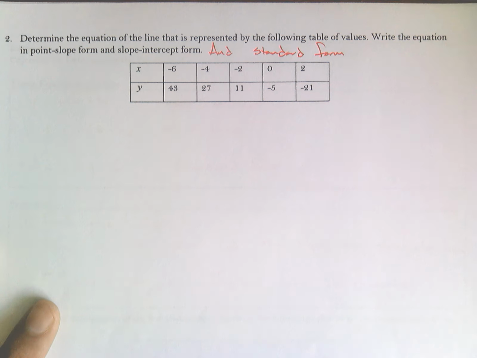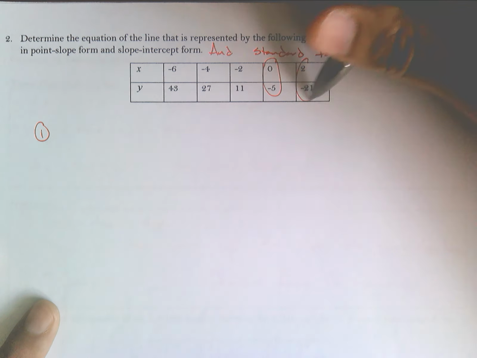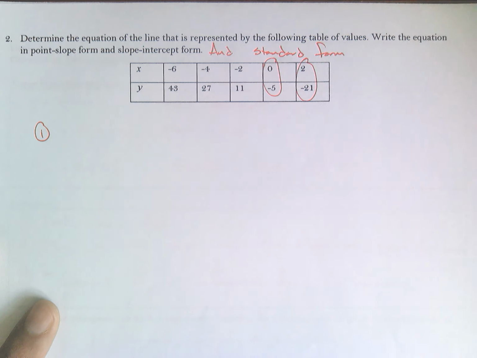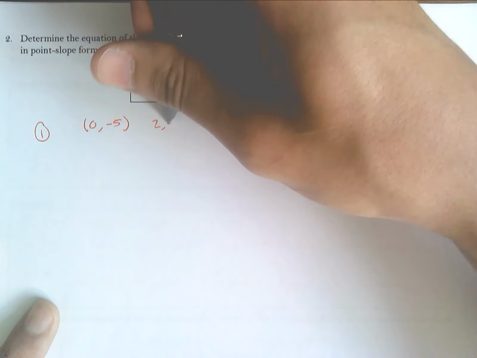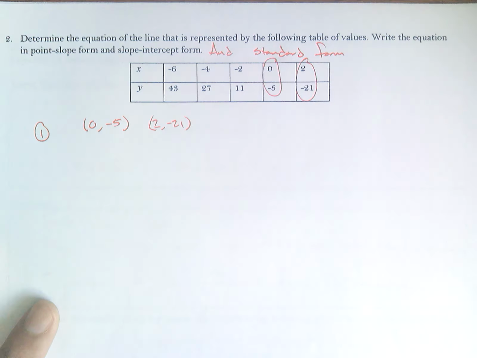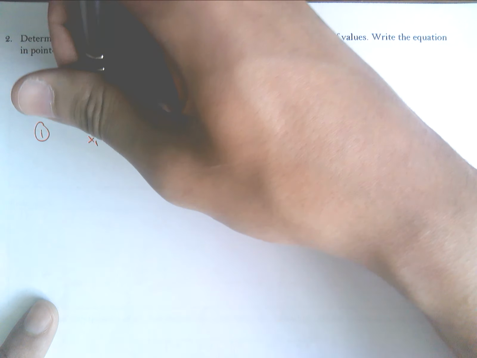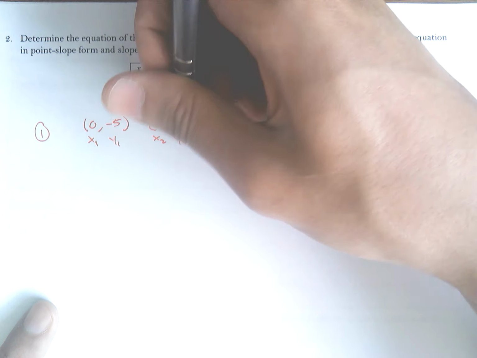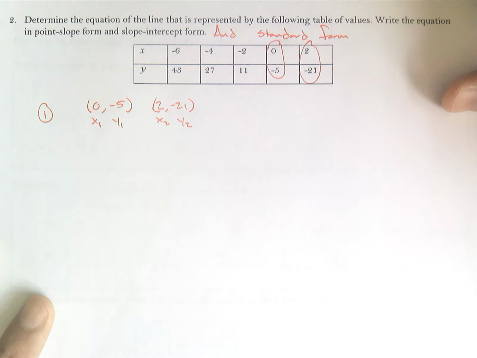So step 1 is to choose 2 points and find the slope. So we can choose any 2 points. I'll choose these 2. So we're going to have the points (0, -5) and (2, -21). We're going to label those x1, y1, x2, y2, and we'll plug that into our slope formula.